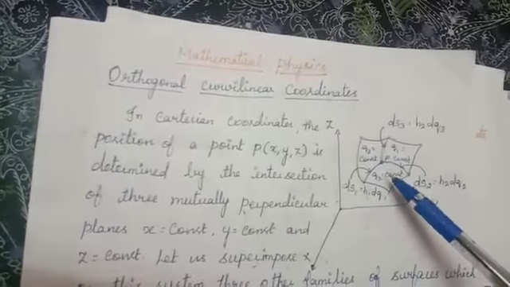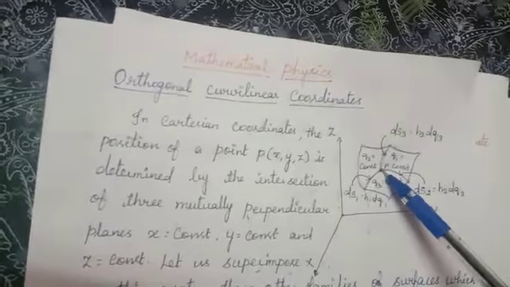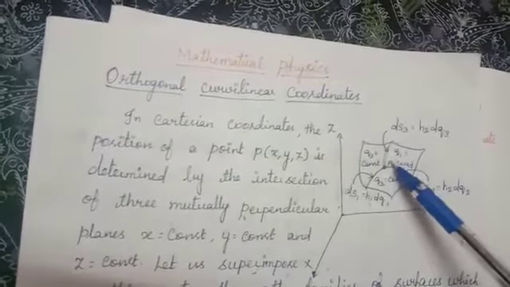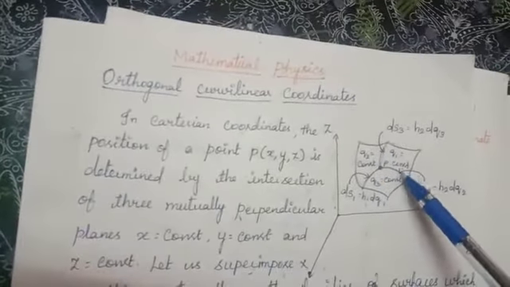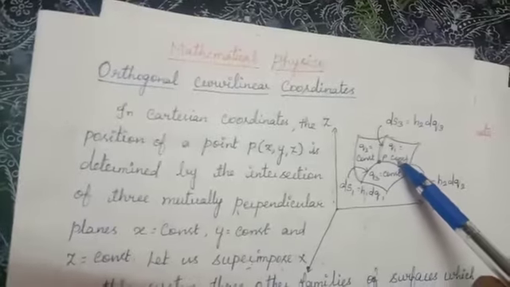The values of q1, q2 and q3 for the three new surfaces intersecting at the point P are called the curvilinear coordinates. Because the line is not a straight line but seems like a curve, it is called curvilinear coordinates.